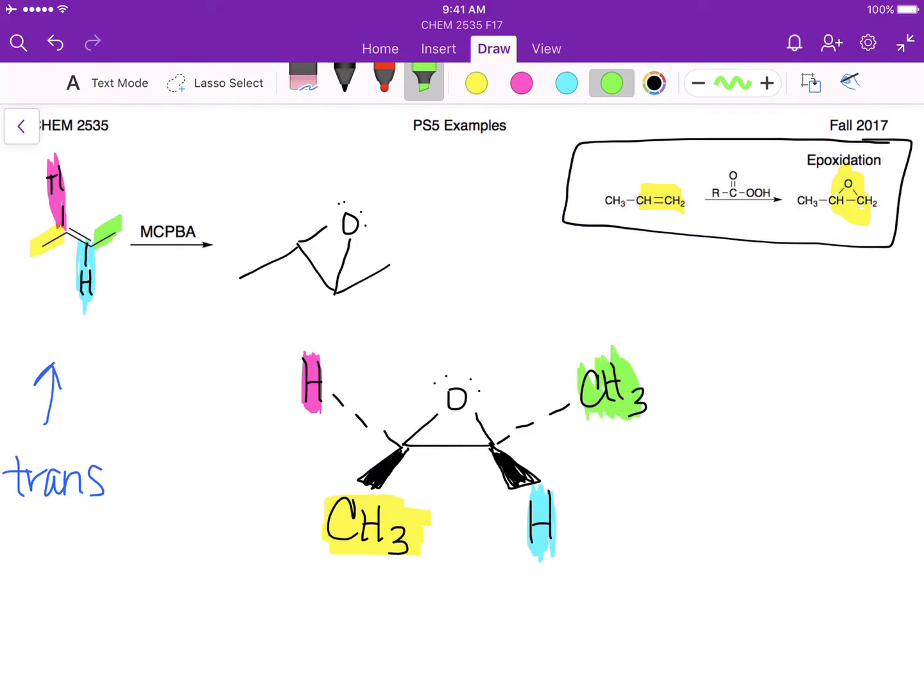You can see that the two methyl groups are trans to each other. Two hydrogens, they are trans to each other as well. And that's our answer. Again, it's important to show our stereochemistry here. So just for emphasis, this is the trans product.